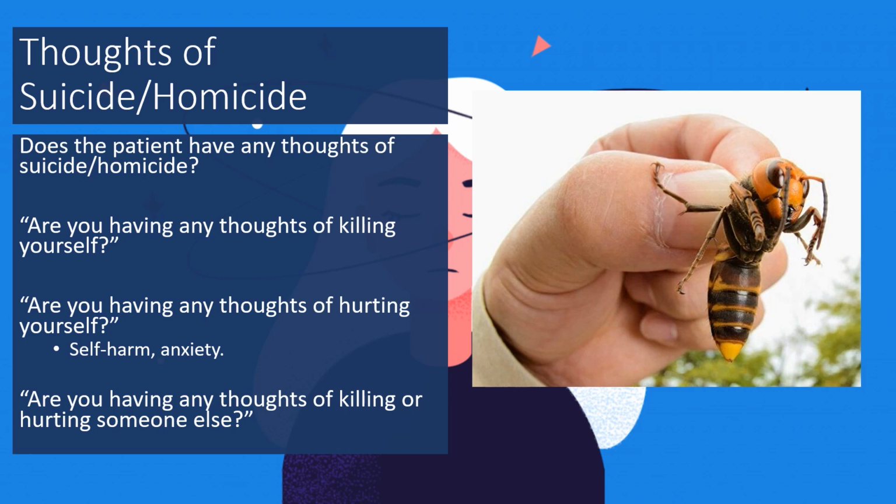Self-harming, again, doesn't necessarily mean that the person wants to kill themselves, right? It could be just a sign of anxiety. You ask someone if they want to harm themselves, and they say, yeah, I'm feeling like cutting. And then you ask them, why is that? What's some of your thought behind that? And they usually tell you that it's stress. Say, okay, so you're feeling overwhelmed, and that's why you want to cut.